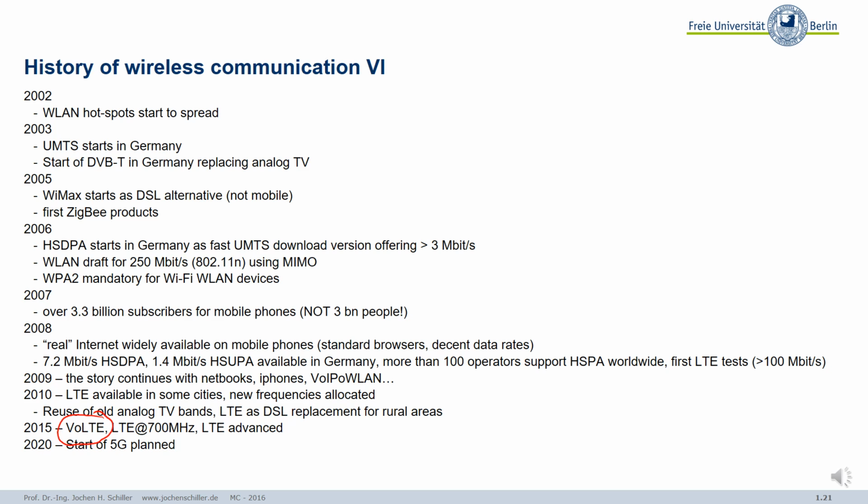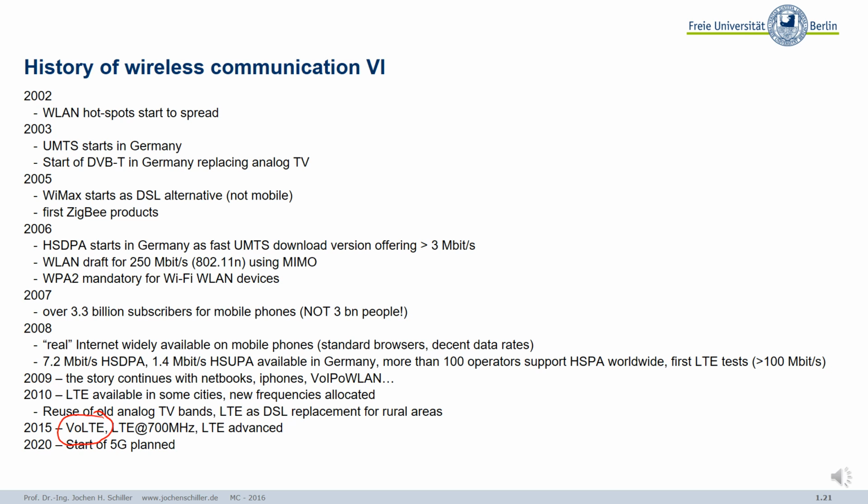And with voice over LTE, we have a full voice over IP network, so an all-IP system. And 2015 also started to use LTE on different other frequencies. You heard that the old frequencies for analog television have been sold for LTE, etc.